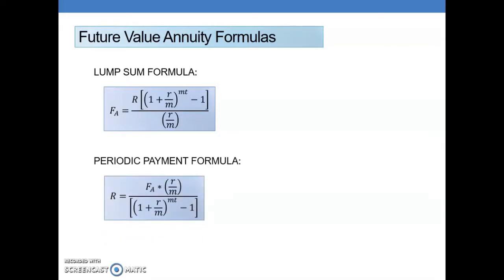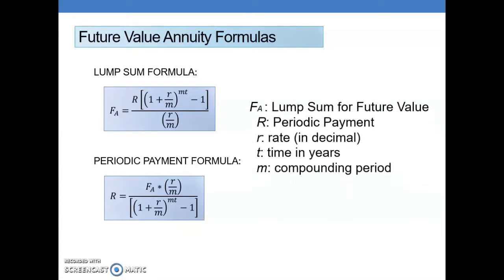The formula for the periodic payment, on the other hand, is FA times R divided by M, and you have 1 plus R over M to the power MT, minus 1. And I always mention this whenever you watch my videos, that a formula does not make any sense if you do not understand what the variables or letters represent.